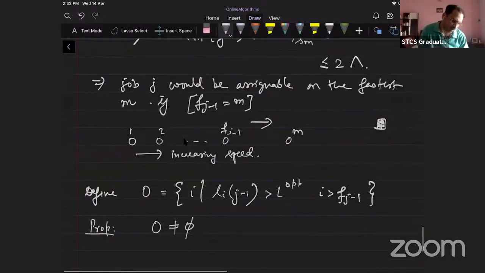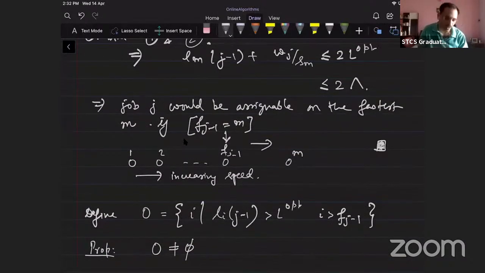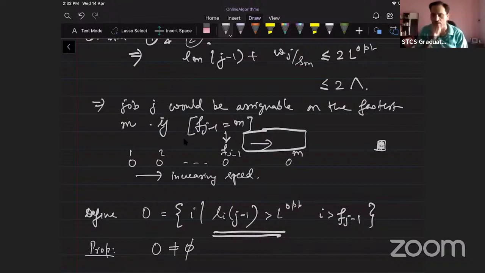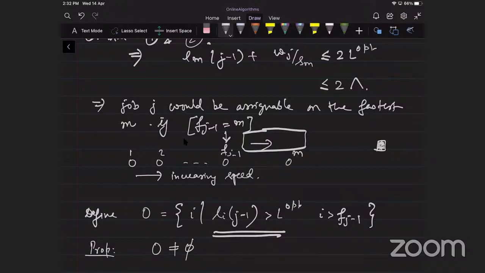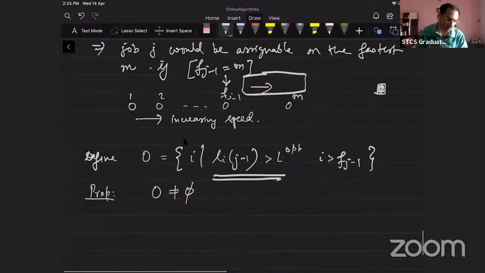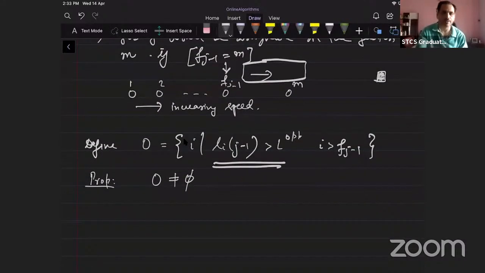So when you're sitting at Fj minus 1, all machines to the right have this property true, just by definition. And what we have proven already is that Fj minus 1 is not M. So there is a non-trivial set which is O, and O is not empty. Is this clear? Any machine on the right-hand side of Fj minus 1 necessarily has load which is greater than LOPT. And because Fj minus 1 is not M, the set O is a non-trivial set.